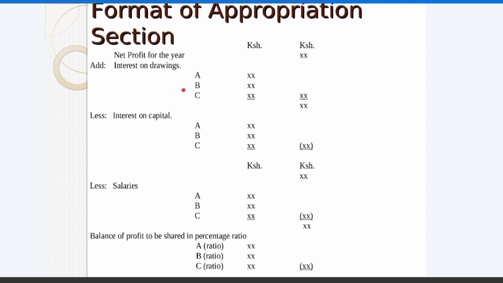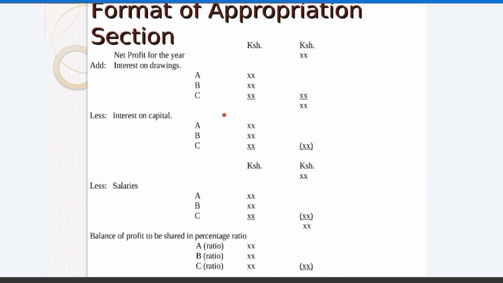Each partner, A, B, C, assuming we have three partners, will pay their interest depending on the ratio or the percentage interest. So for each one, you will compute the interest of each partner and then get the total.